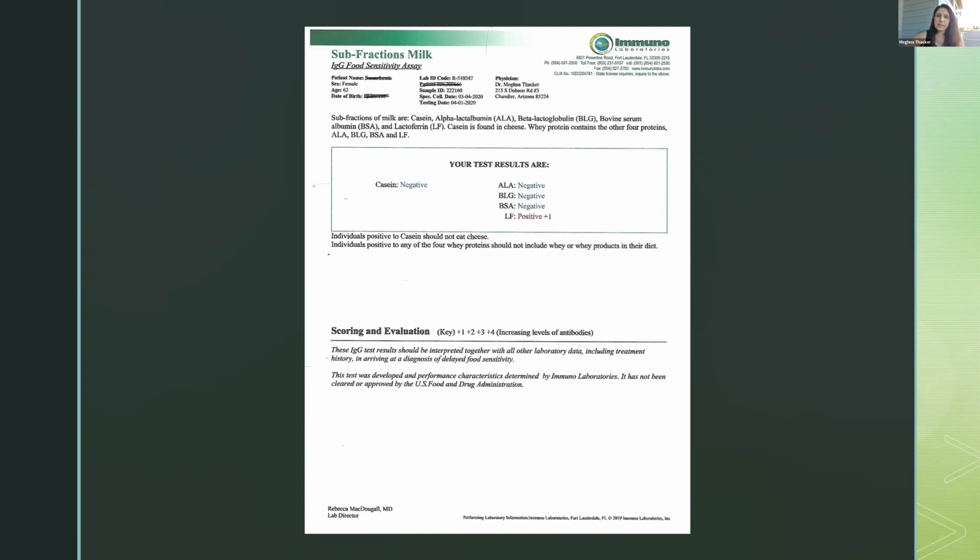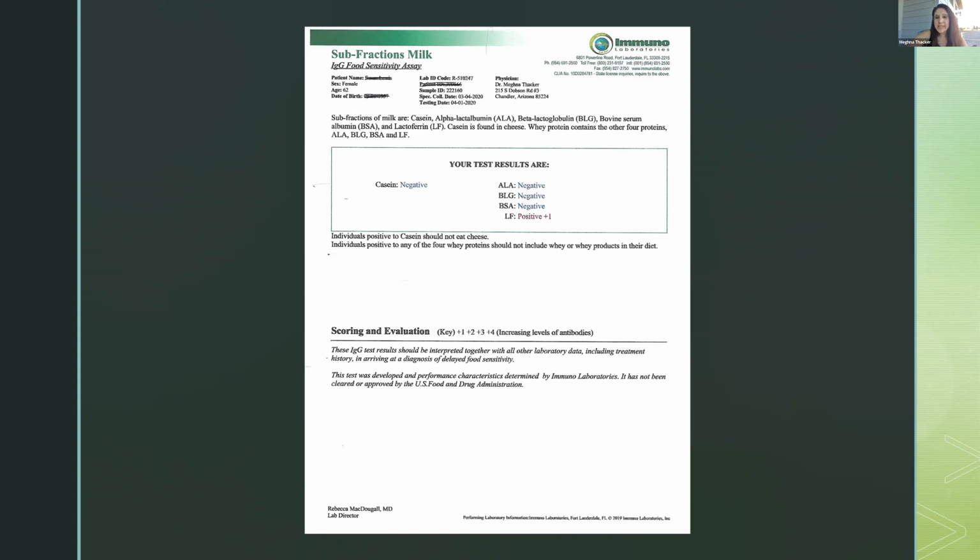One was the subfractions for the milk. How this helps is they break down the proteins like casein and the other 4 on the right-hand side. Individuals positive for casein should not eat cheese, but in this case she's positive for one of the proteins, lactoferrin, which is found in whey products.